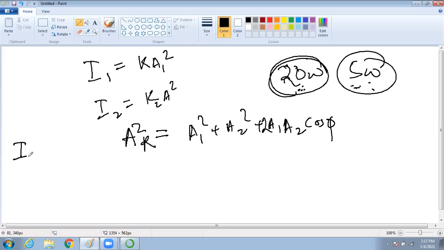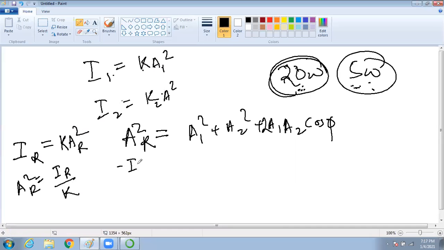So if I1 equals K A1 square, I2 equals K A2 square, then the resultant intensity will be K AR square. Then I can write AR square as IR by K, so I will substitute.